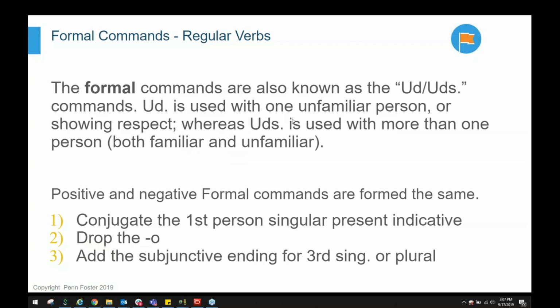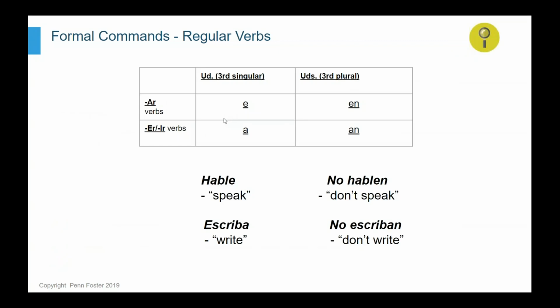Next up, we're going to look at a few examples of some verbs. So as a refresher, we did want to talk about the endings. These are, again, the third person singular and third person plural subjunctive endings that you will be adding to your stem to determine the command.